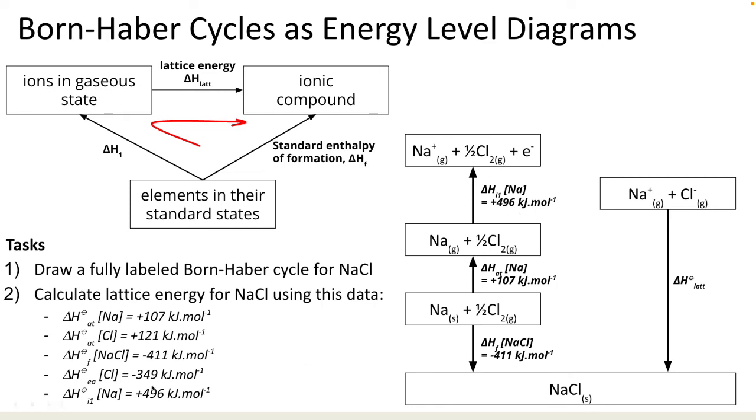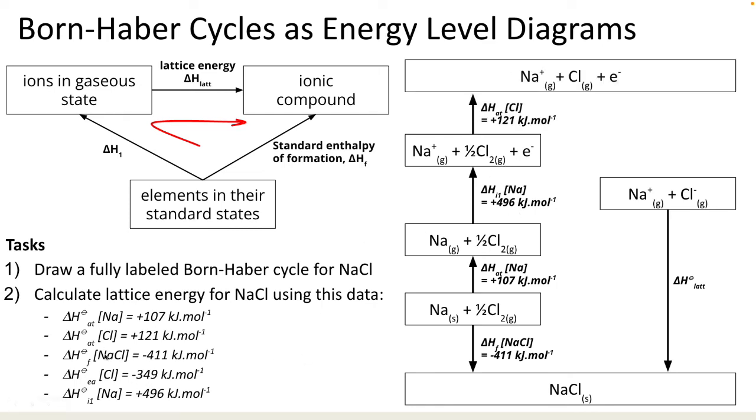Then we can atomize the chlorine, endothermic process, breaking that covalent bond. But then we have the electron affinity, which is actually the exothermic process, as we said just before. This is where the chlorine is gaining that electron, and we have that overall exothermic release of energy for that to get the lattice energy.